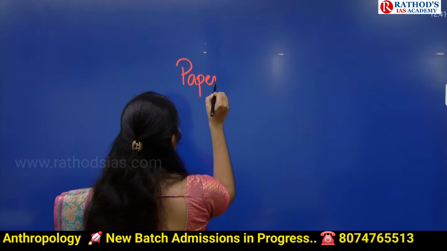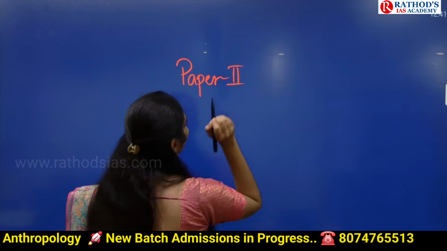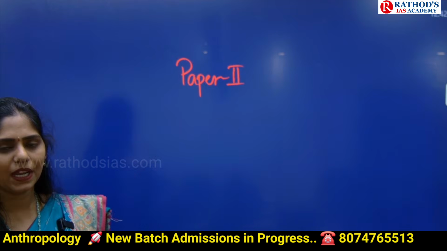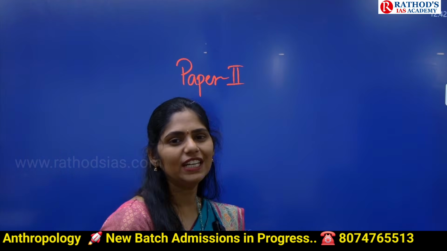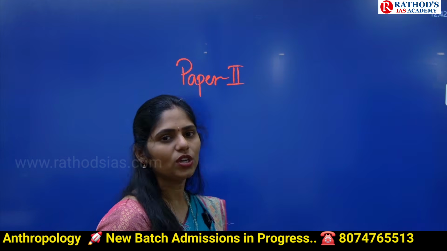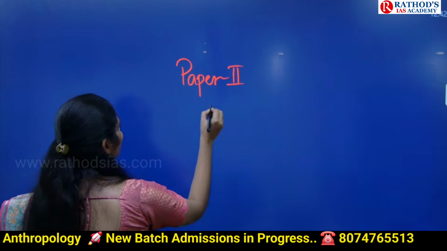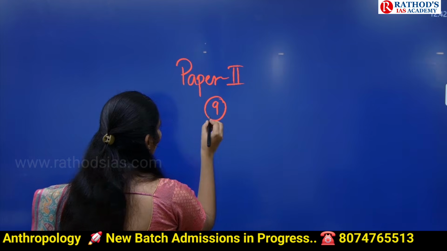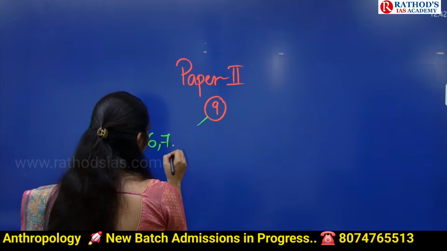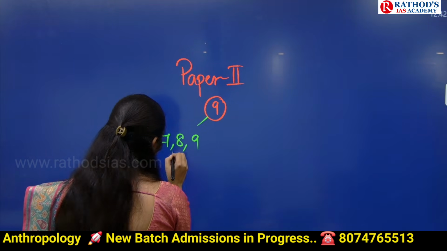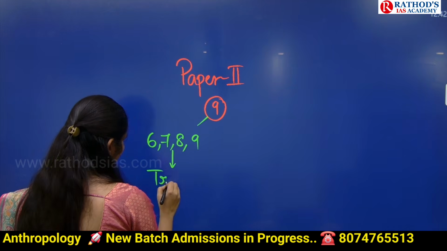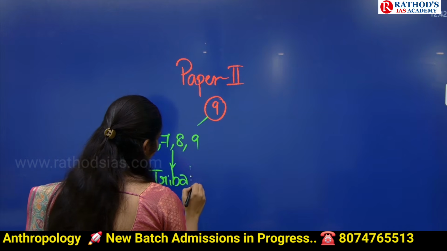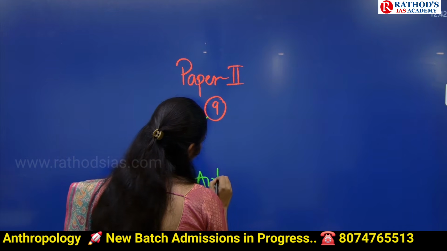In any optional, paper 2 will be related to India. So this paper 2 of anthropology is related to Indian anthropology. Here we have only 9 chapters. In these 9 chapters, the 6th, 7th, 8th and 9th are related to tribes. It is called tribal anthropology.